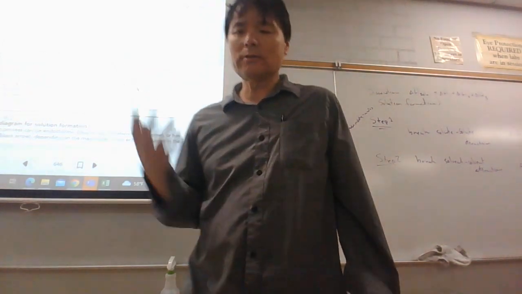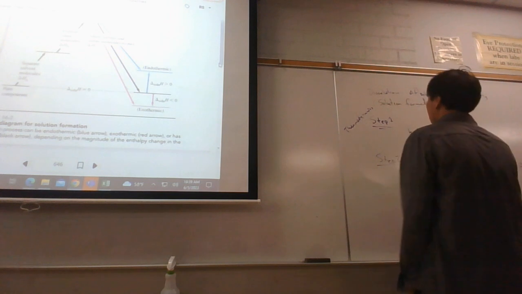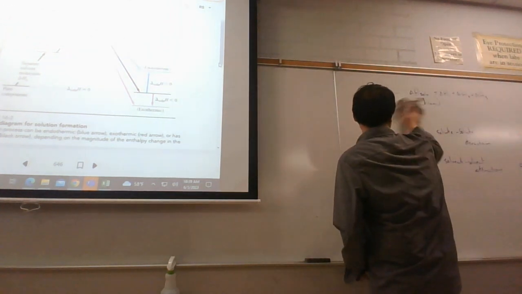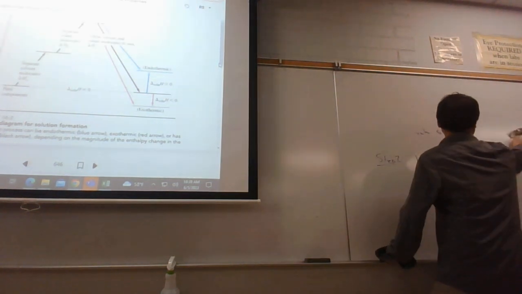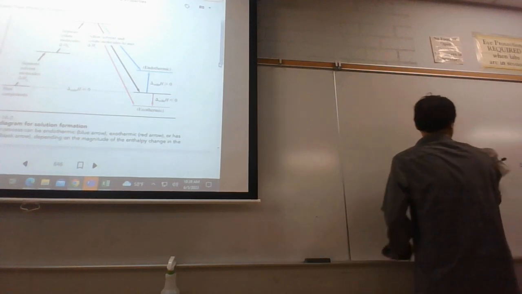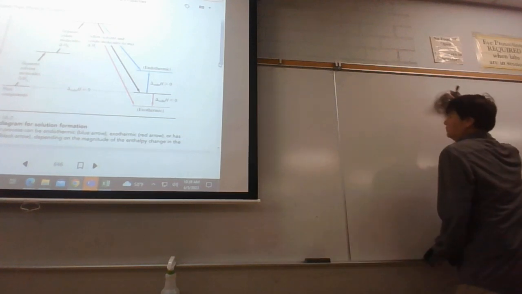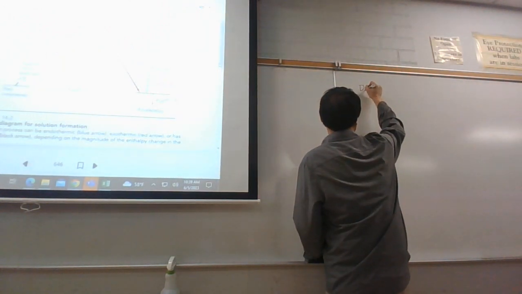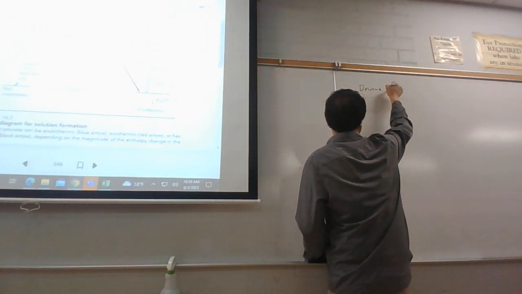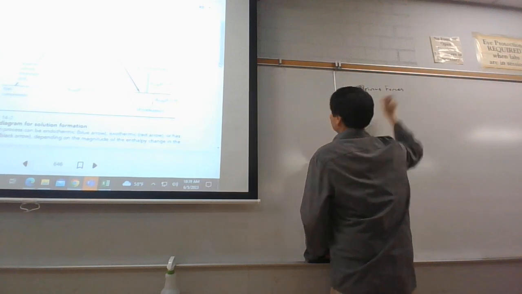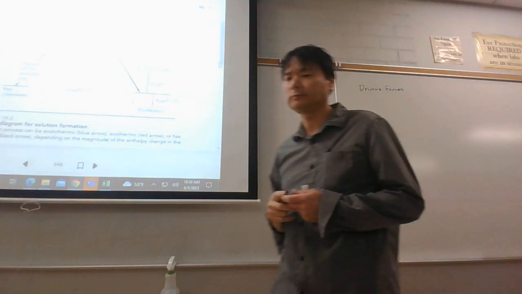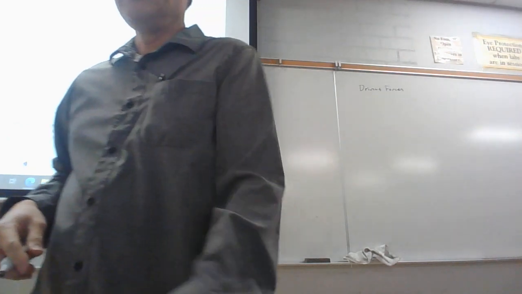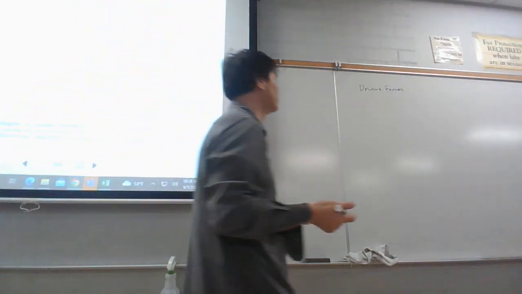And there are different ways of thinking about this. One of the things we think about is, what does nature like to do? Nature likes to minimize energy. And so let's look at driving forces. There are different ways of thinking about driving forces.